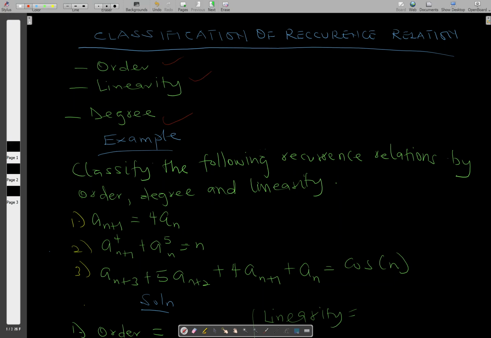Order, linearity, and degree. When we say order of a recurrence relation, it's just the difference between the lowest term of the sequence and the highest term of the sequence.